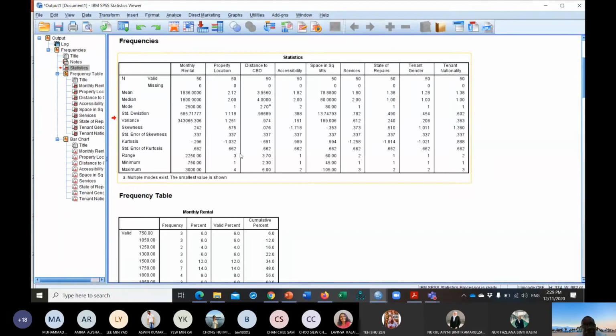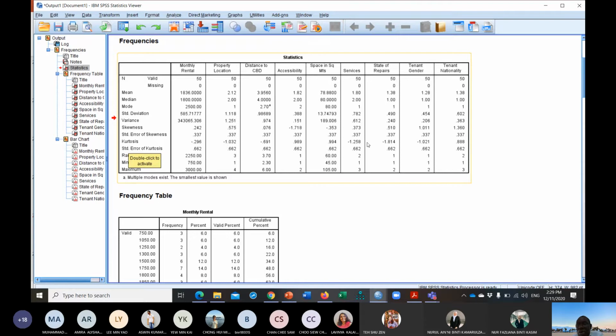Now, we can check the kurtosis too. When we start from income, it is still within the range, minus 0.29. This one is minus 1.02, which is still greater than minus 1.96.